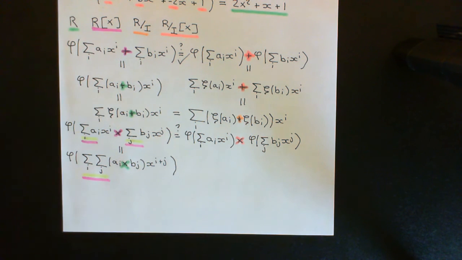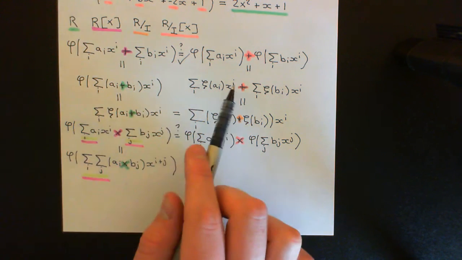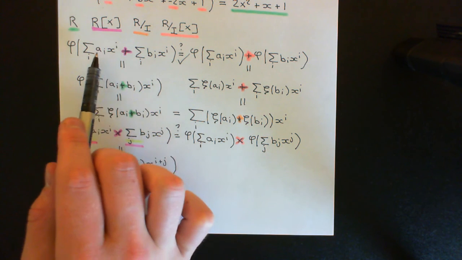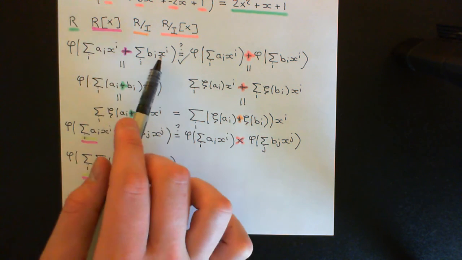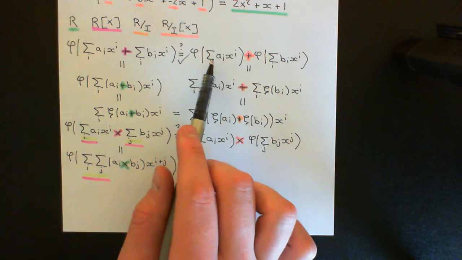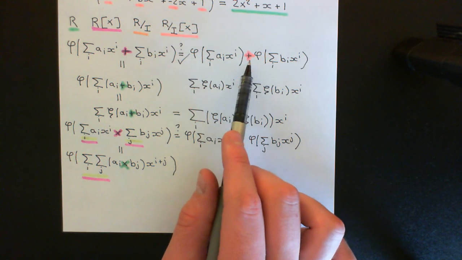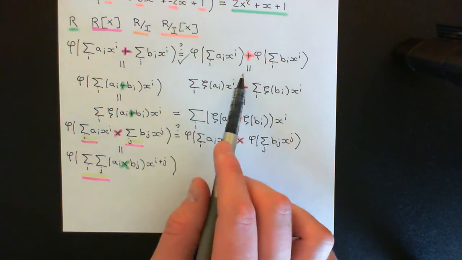Okay, so this is equal to this, and now we know, because of what I've just proven, that phi is compatible with addition. It doesn't matter if I firstly add things together and then apply phi, or if I firstly apply phi and then add them together in the codomain.